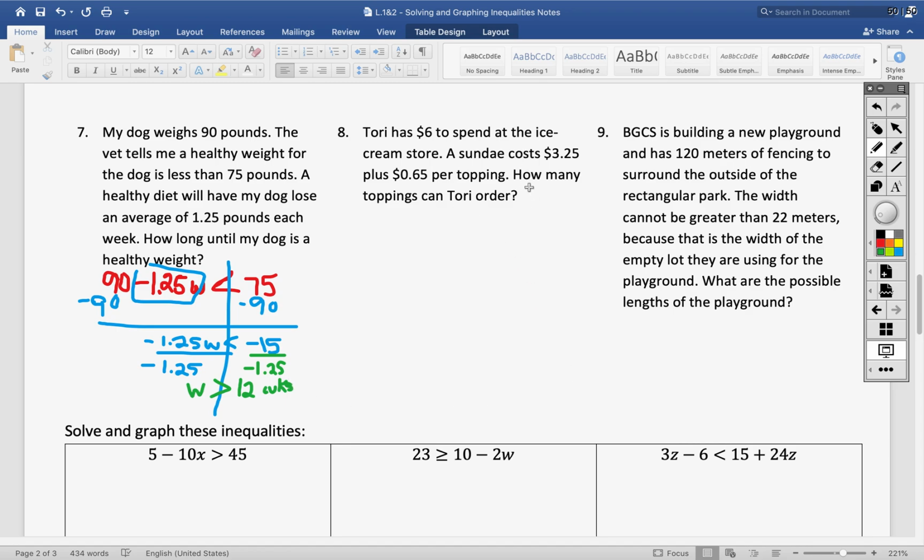Tori has $6 to spend at the ice cream store. Okay, so if you have $6, you have to spend less than or equal to $6. A sundae costs $3.25 plus 65 cents per topping. How many toppings can Tori order? Well, let's minus our $3.25 from both sides.